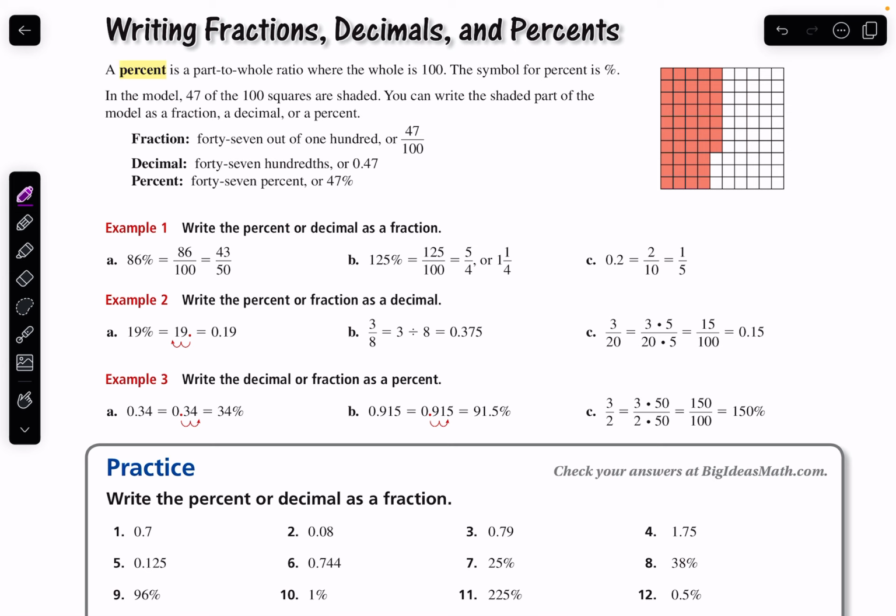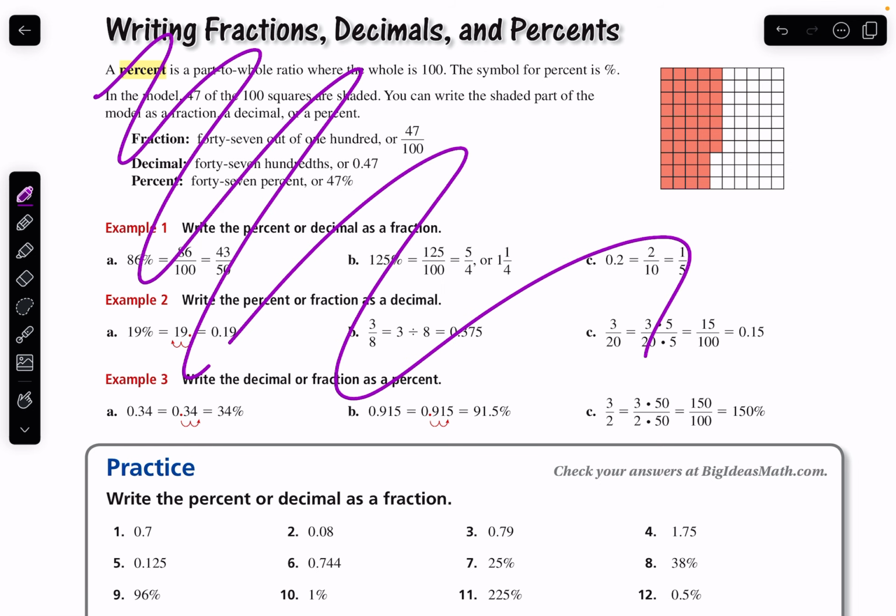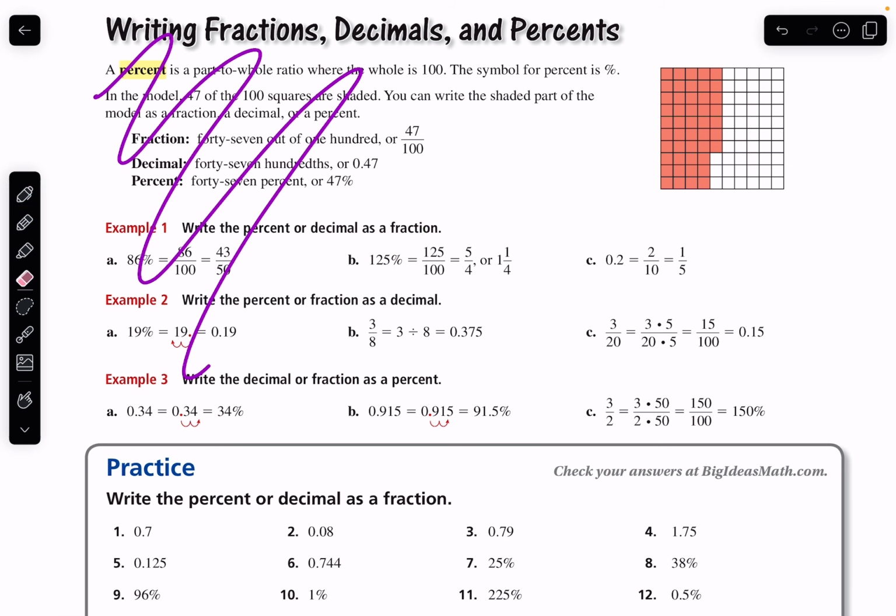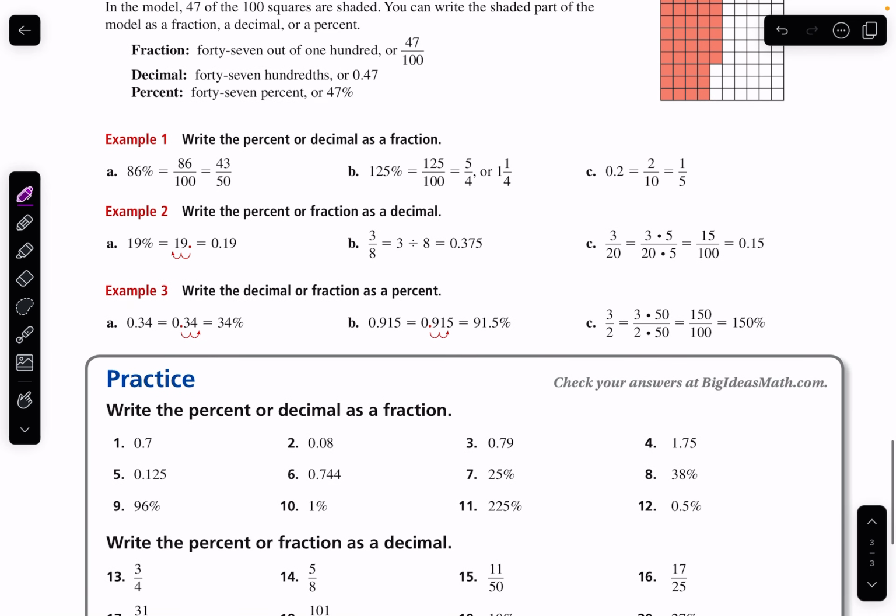If you paid really good attention to the video and you know what's going on and you just need me to stop talking, then don't even worry about it. If you still don't know what's going on and you're crying on the inside a little bit, here's a couple more examples to help you out of each type of conversion. So example 1, example 2, example 3. Those are done for you.